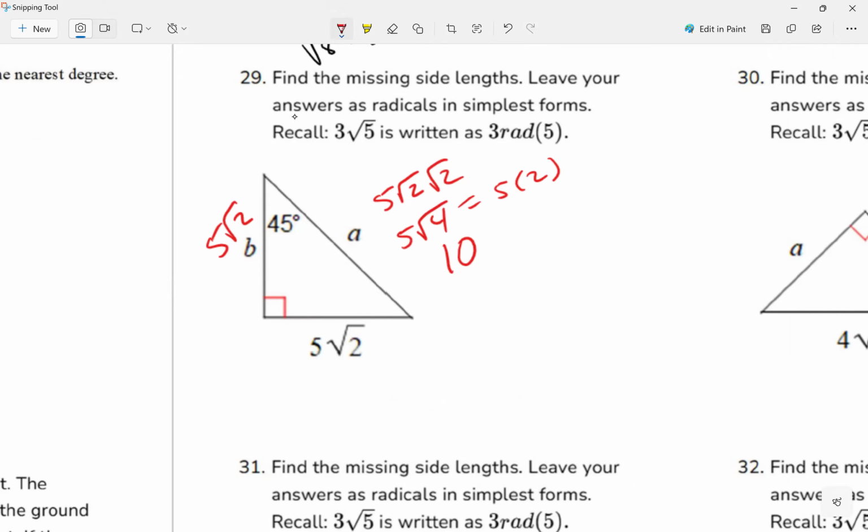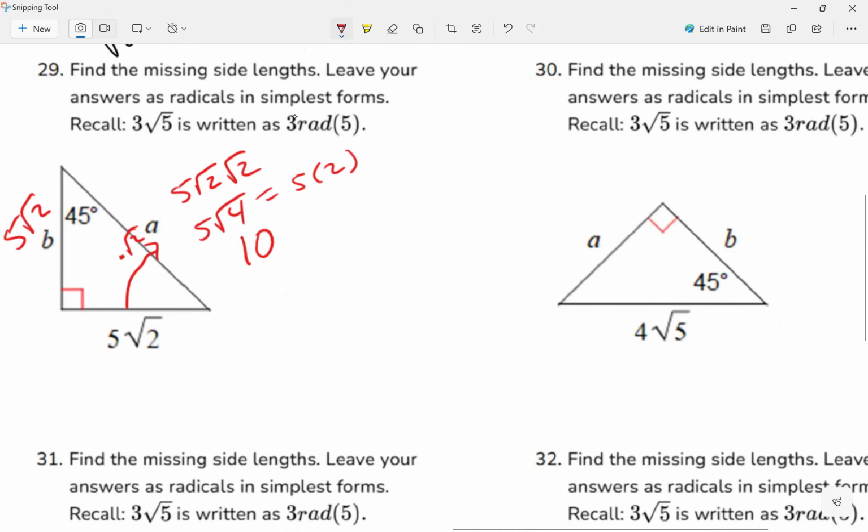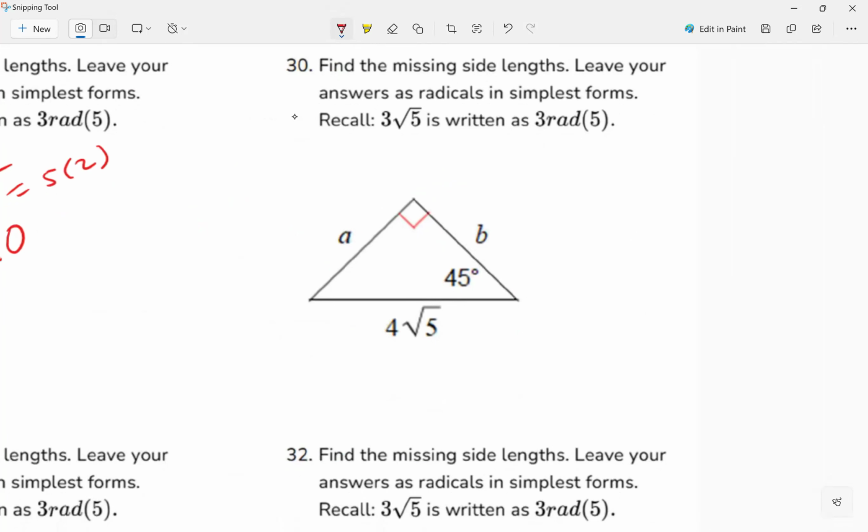One thing really quick. If we're going from one side to the hypotenuse, we multiply by radical 2. Well, what if we were going backwards, like in number 30? Then in this case, we divide by radical 2. So I have 4 radical 5 divided by radical 2. We cannot have radicals at the bottom, so let me multiply top and bottom by radical 2.